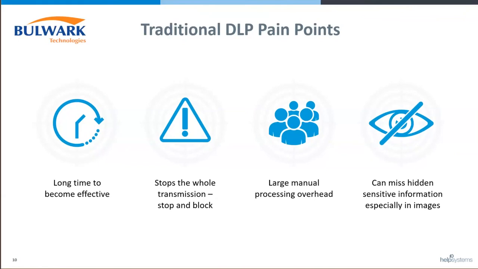They take a long time to define the policies for the organization, so it can often take a long time before you get to the protection phase of your DLP or your compliance project.